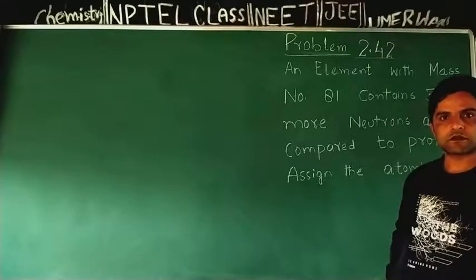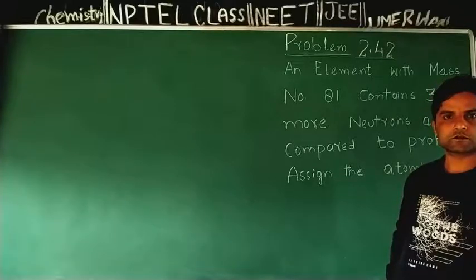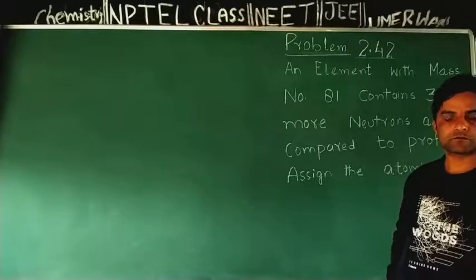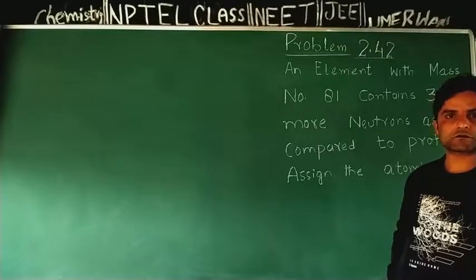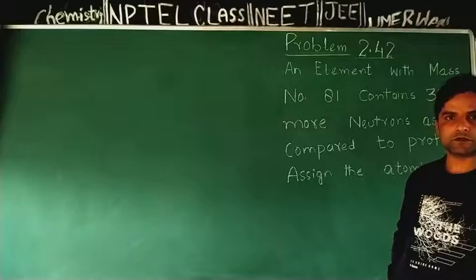Protons and neutrons in an atom reside in its nucleus and together these are called nucleons. And number of nucleons represents mass number of an atom of element, and number of protons only represent atomic number of an atom of element.